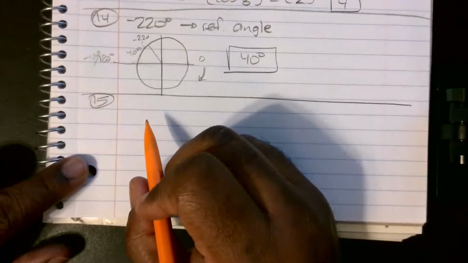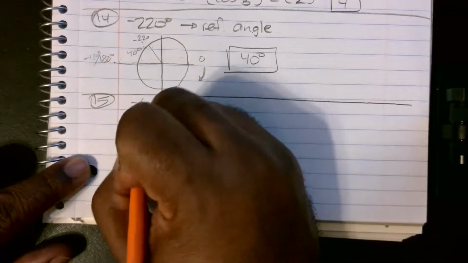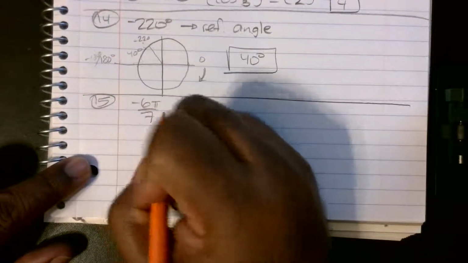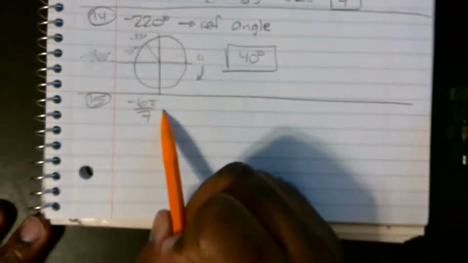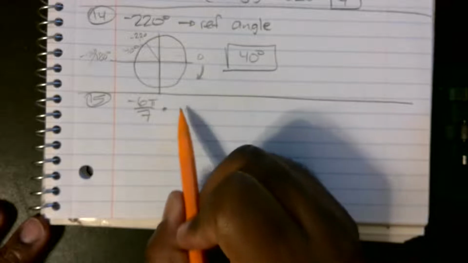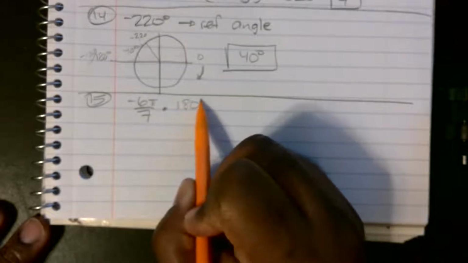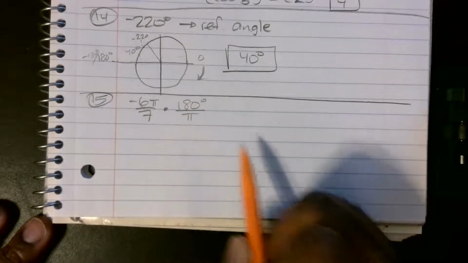If I have negative 6 pi over 7, and I'm trying to change it to degrees, multiply by 180 degrees over pi.